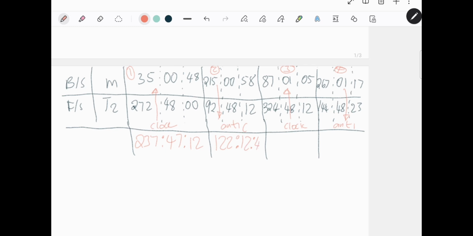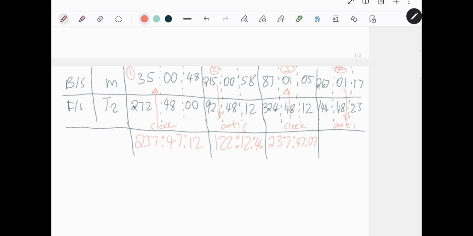Same thing here, from bottom going up. So it's 324, 48, 12 minus 87, 01, 05. So we are getting 237, 47, 07.